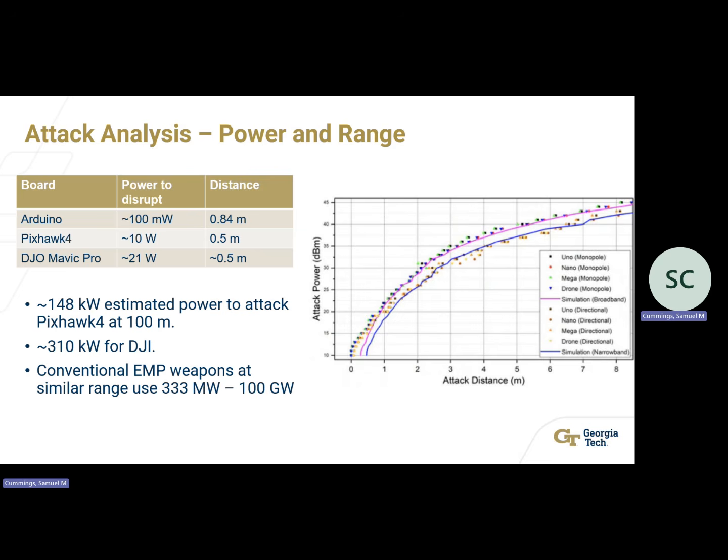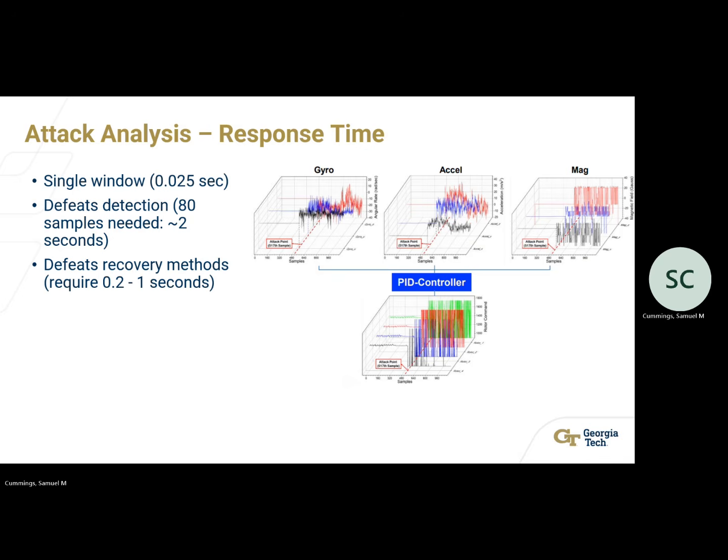And now that may seem like a lot, and it is, but compared to conventional EMP weapons, it's really not that significant and it's pretty feasible to accomplish. Okay, response time. As you saw in the videos, it's very, very fast. It's pretty much instant.